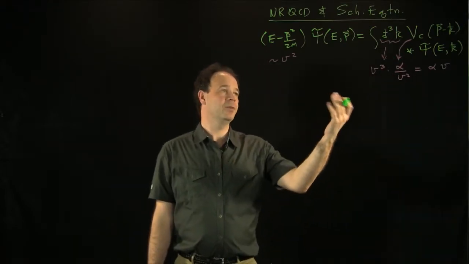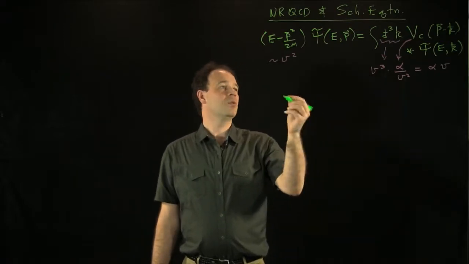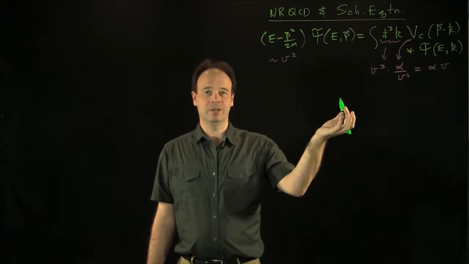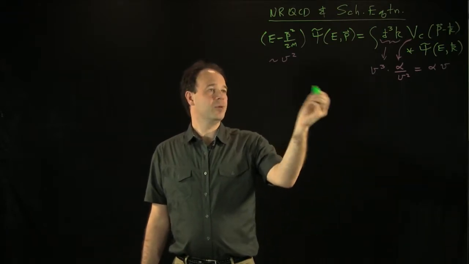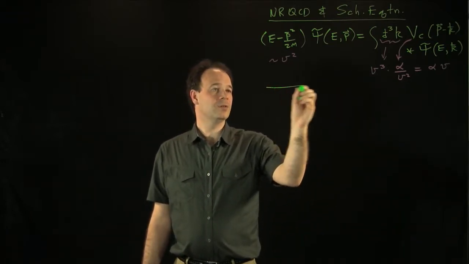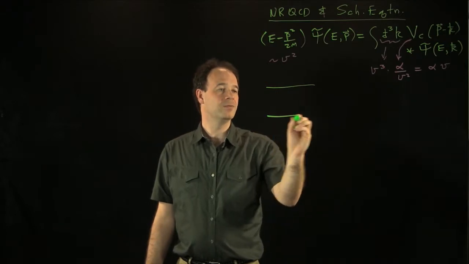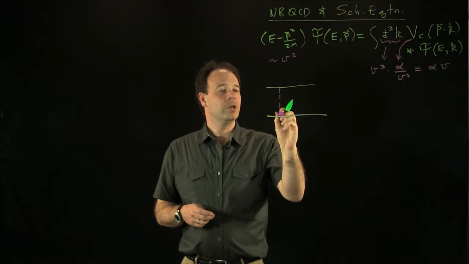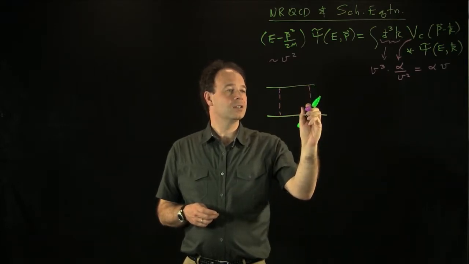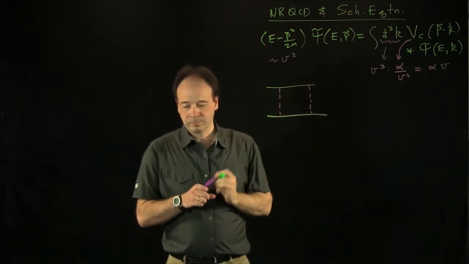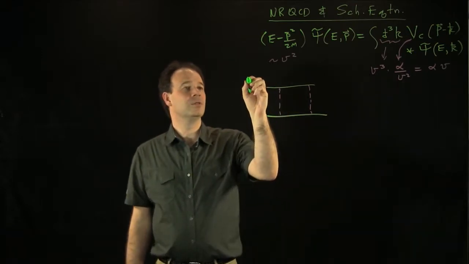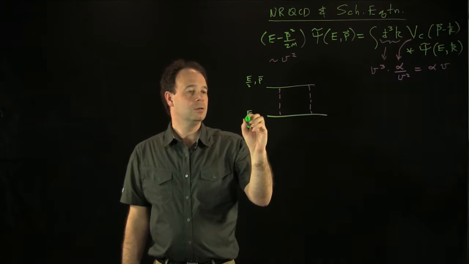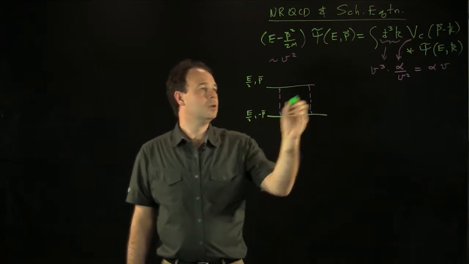How does that relate to what we have in the quantum field theory? Well, in the quantum field theory, we have diagrams like the Coulomb exchange that we talked about in the last lecture. But we also have loop diagrams. And so let me spend a little bit of time talking about the following loop diagram, where we have 2 Coulomb exchanges in a box like this. And I'll label the external lines here E over 2, p, and E over 2, minus p.